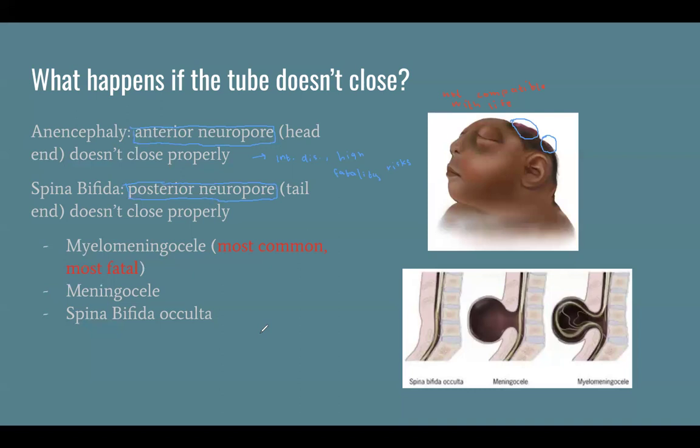Other than that, there really isn't much. Oftentimes, the only complication could be a buildup of cerebrospinal fluid, which people put shunts in to drain the fluid out. That's a little bit beyond your pay grade, but spina bifida occulta is basically just a slight malformation.